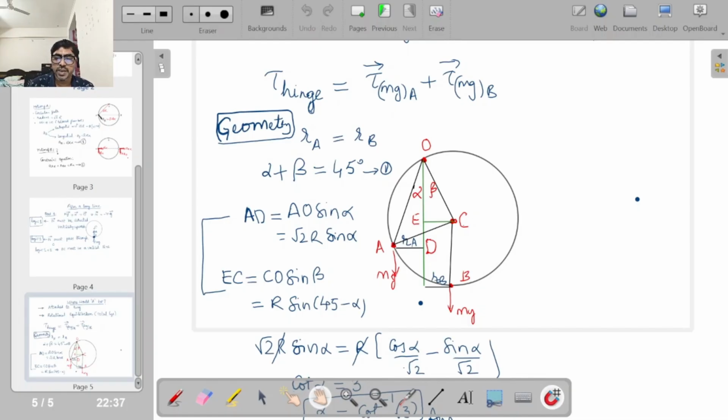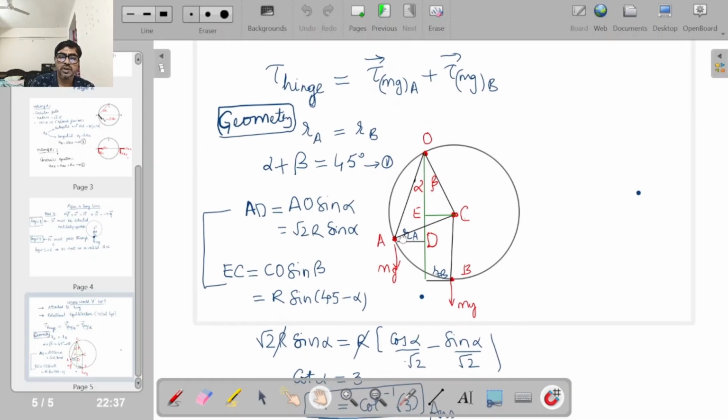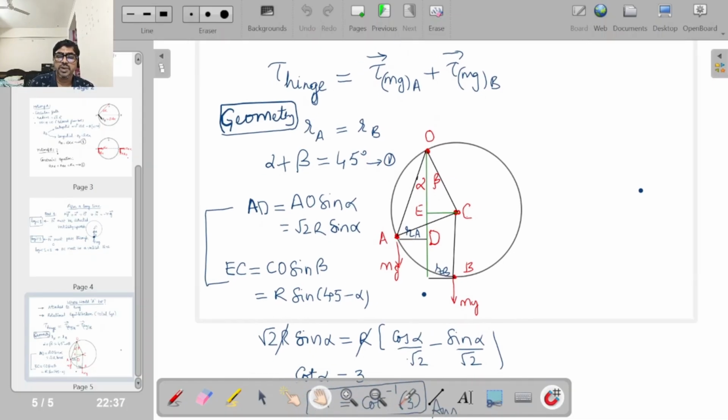Bead B, we have already decided, has to be right below the center of curvature. Bead A has to be somewhere on the ring in such a way that you draw a vertical line from O, and that vertical line should be equidistant from both A as well as B. RA must be equal to RB, only then the torques will be equal there. So that is one point we have got.